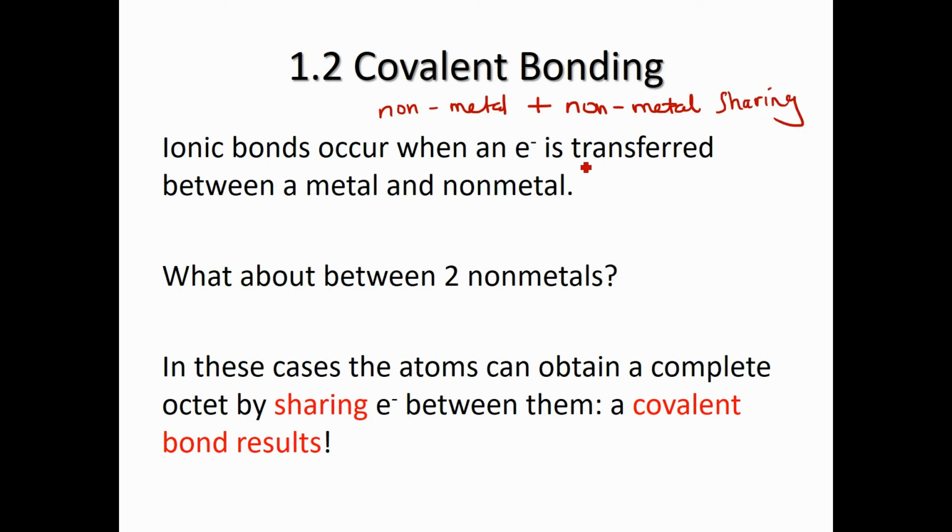In ionic bonding, there was electron transfer. Where atoms obtain octet by sharing electrons between them, you will be forming a covalent bond. And remember, valent because you're using valence electrons, co because there are two things working together.